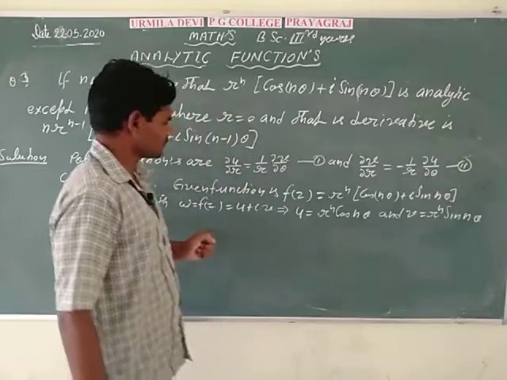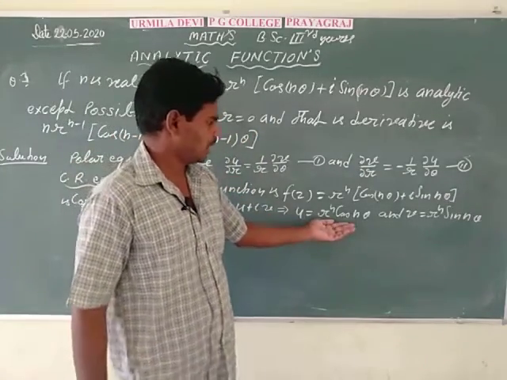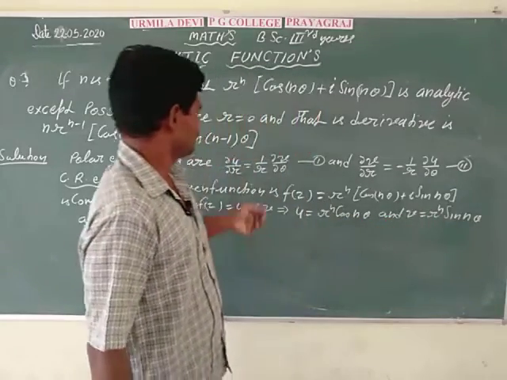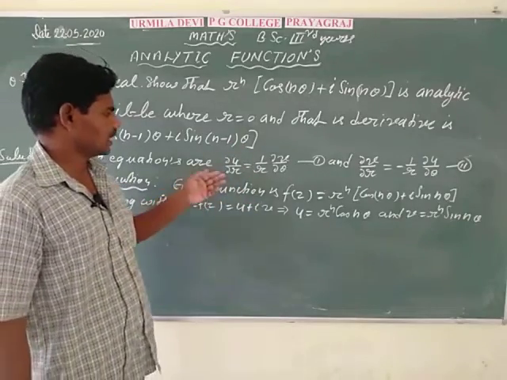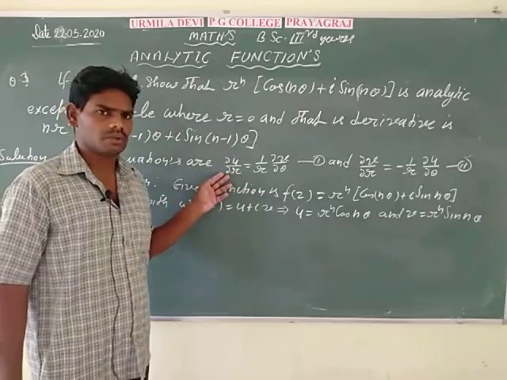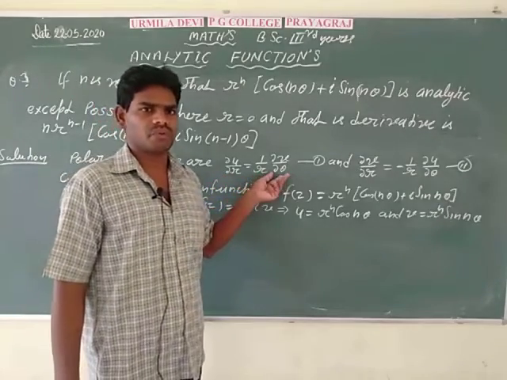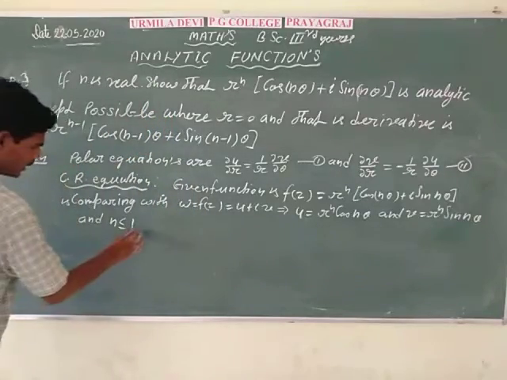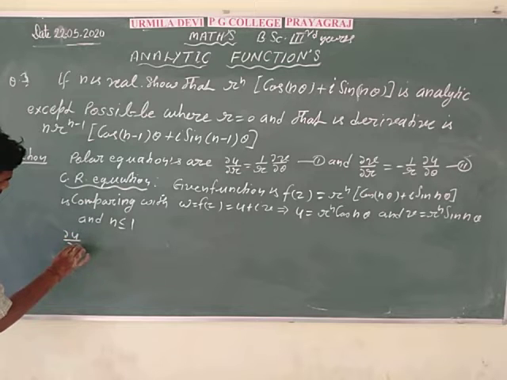So the value of function u is this and the value of function v is this. First, prove the first CR equation: for this, take the partial differentiation of u with respect to r and the partial differentiation of v with respect to theta. So here find del u by del r.